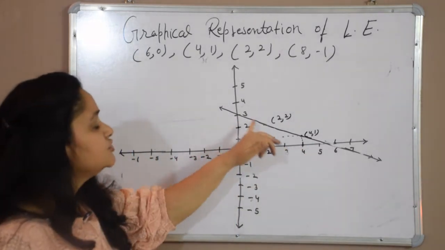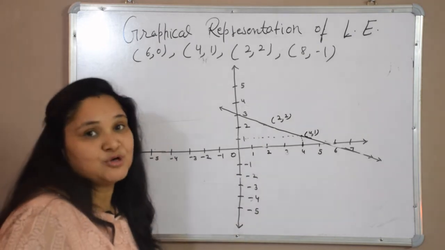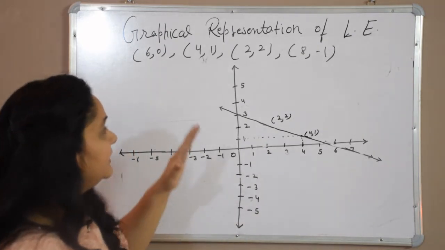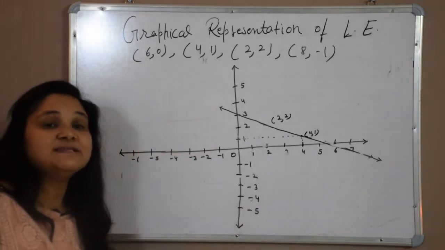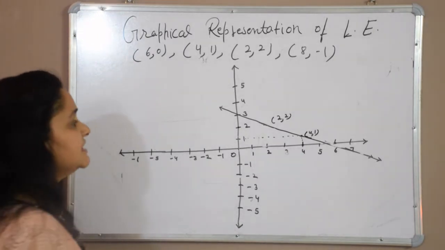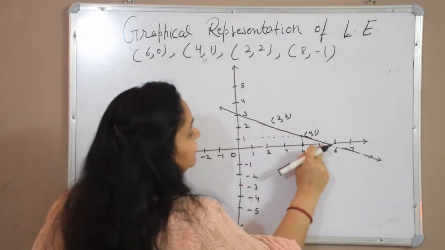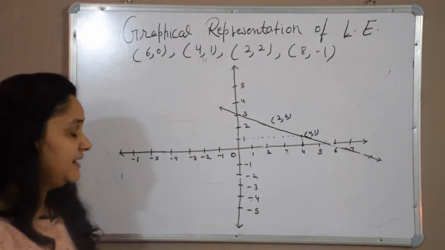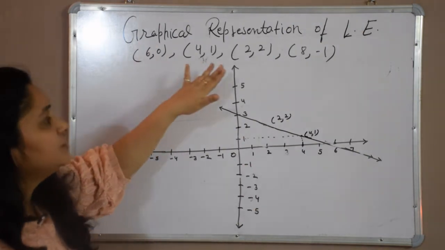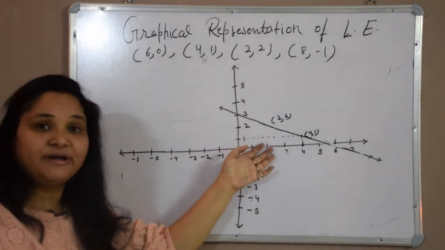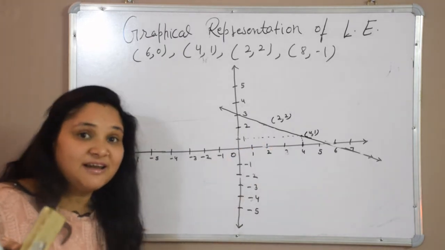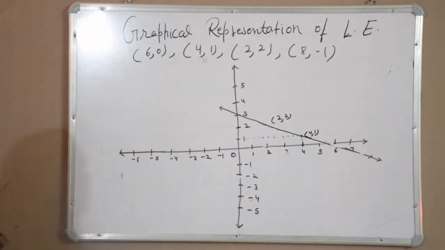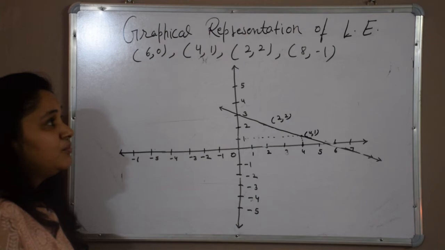Now, how many solutions of this straight line are possible? Because I already told you that a linear equation has infinitely many solutions, infinitely many points are there on this straight line. Every solution of a linear equation is a point on the straight line. Underline the fact, it is a very important fact. What is the importance of this?